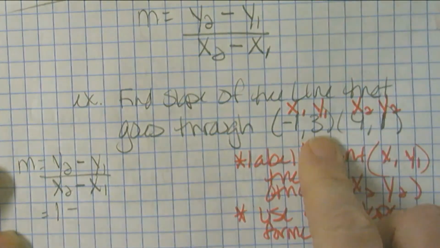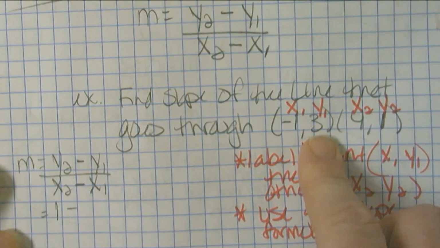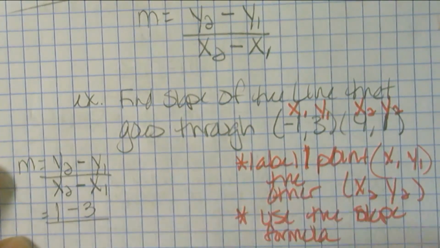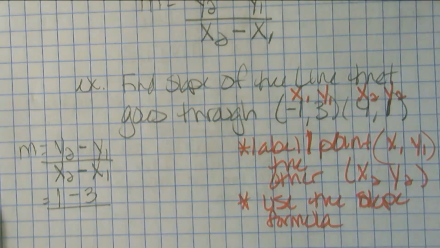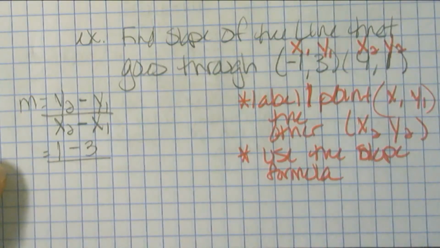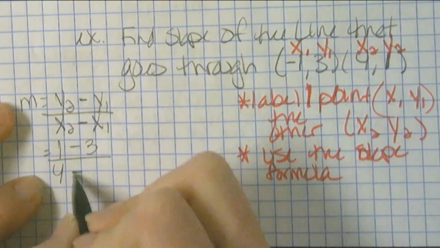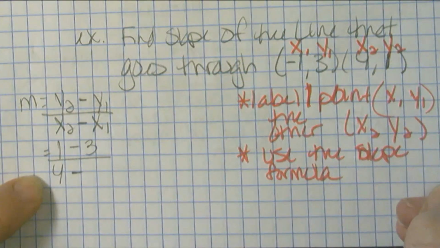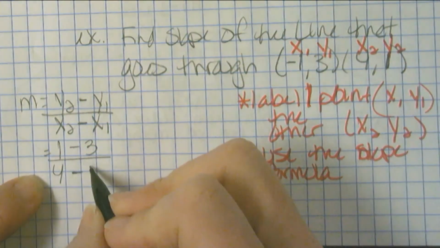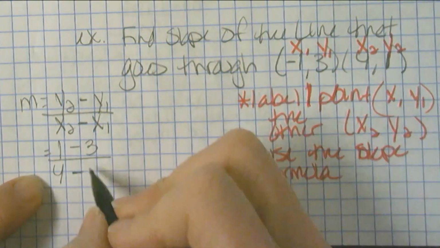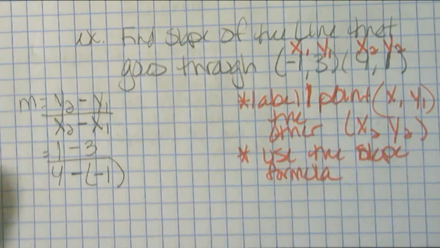What is my y1? Ava? 3. So I have 1 minus 3 in my numerator. What is my x2? Victoria? 4. What is my x1? Jacob? Negative 1. So 4 minus a negative 1.